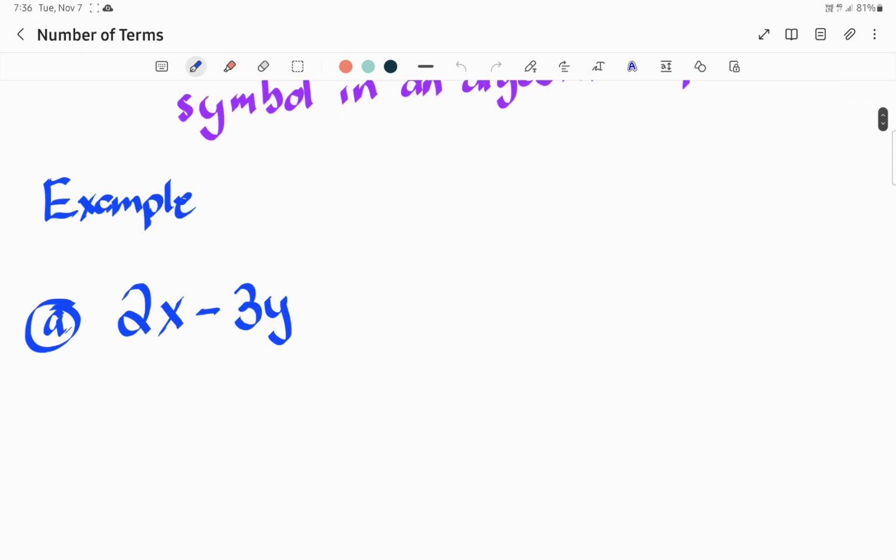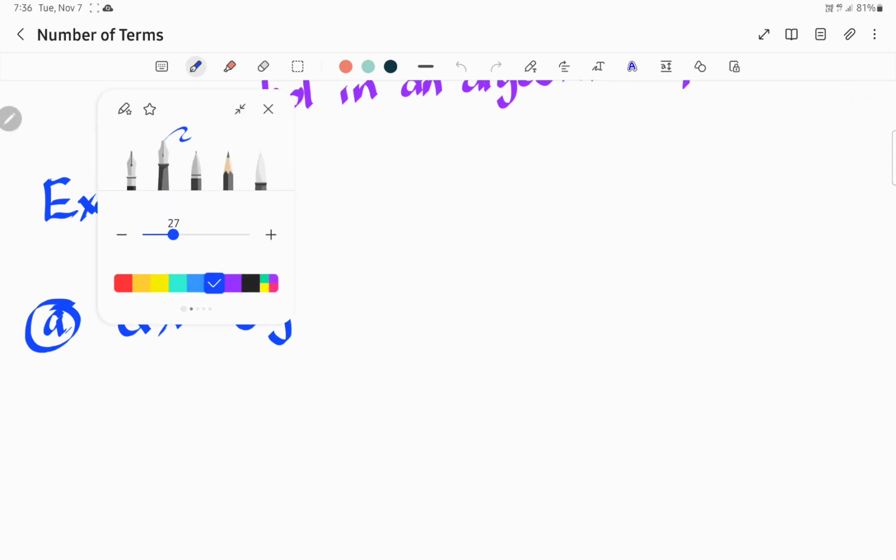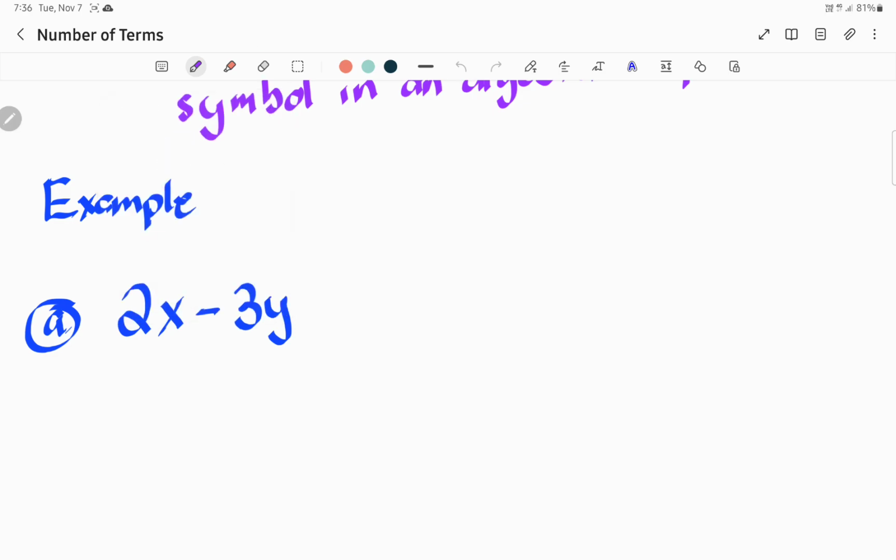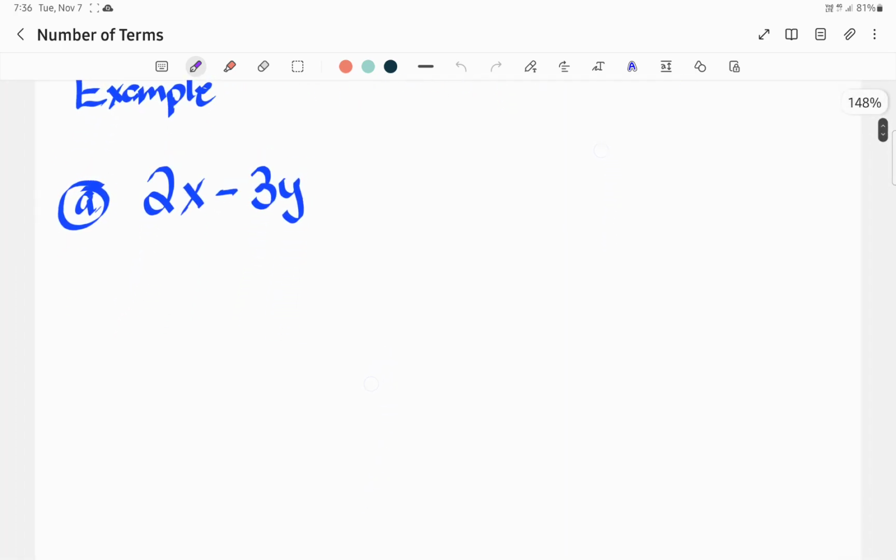An example here is an algebraic expression, which is 2x minus 3y. Let's look at the number of terms. Let's check each term. What are the terms there?